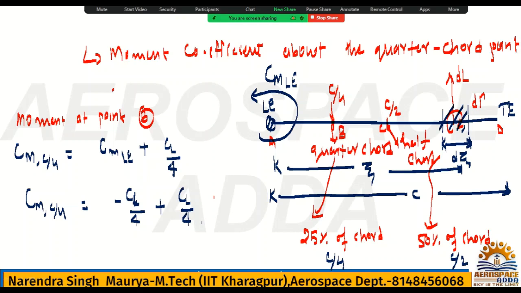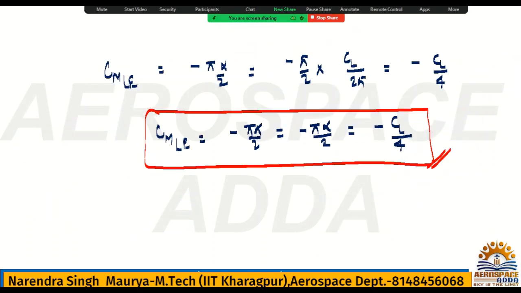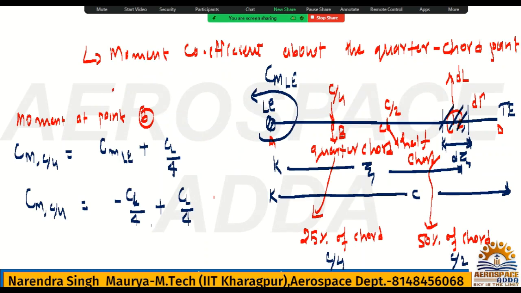But if you want to try, you can try on your own also. So moment at quarter chord is moment at leading edge plus CL by 4, then CMLE already you have minus CL by 4. Here you have calculated. Check this value. That I already have proved. So this value is nothing but 0. So the pitching moment coefficient at quarter chord point becomes 0.